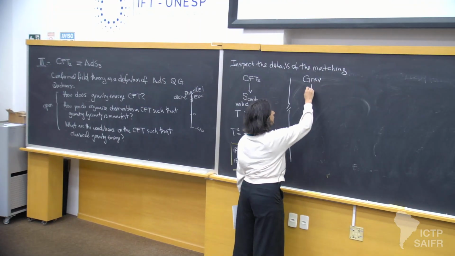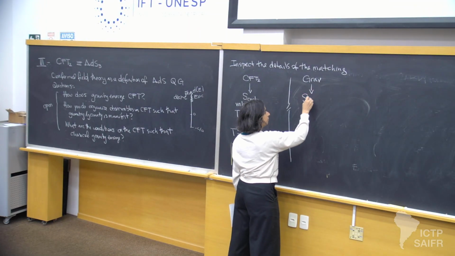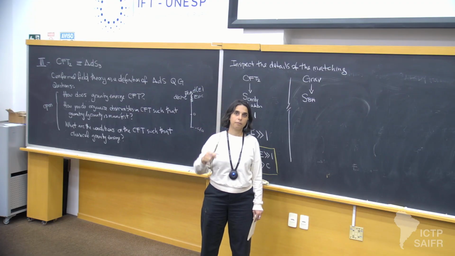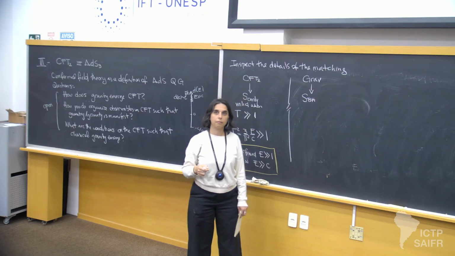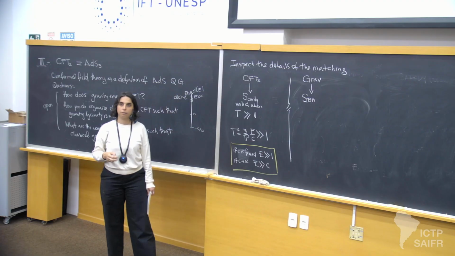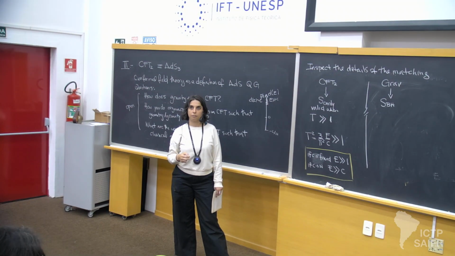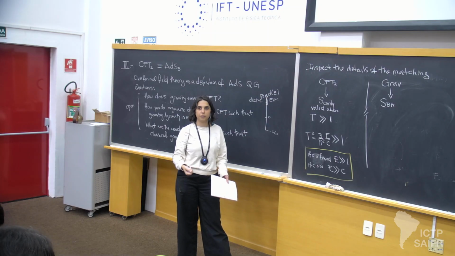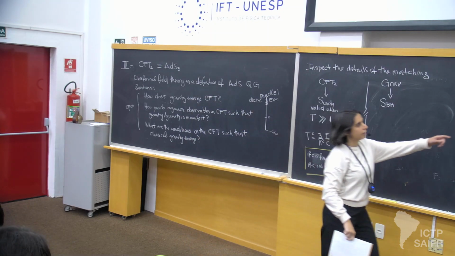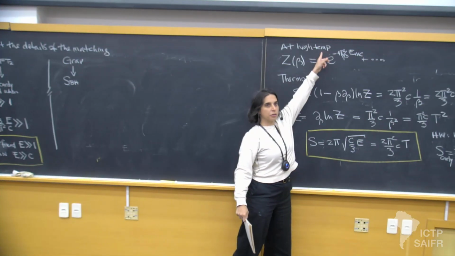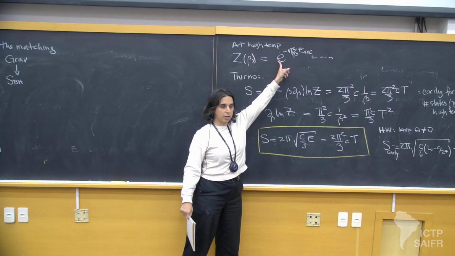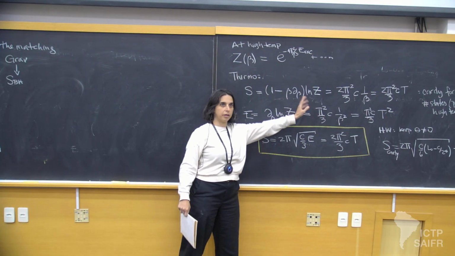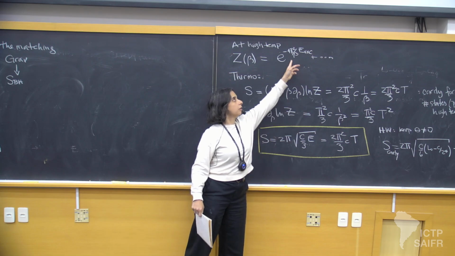So from this point of view, I'm expanding at high temperatures. So, again, only at high temperatures is the partition function well approximated by this. So then only at high temperatures is the entropy given by this formula, because I'm using this expression.